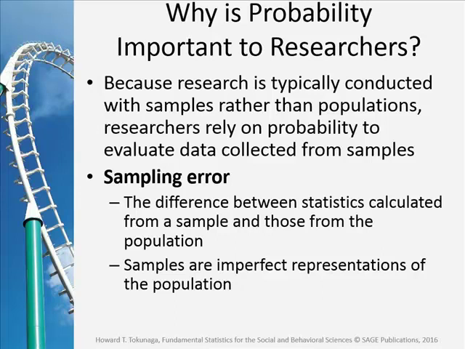Why is it important to us? Well, we need probability because what we're doing in statistics is based off of the idea that we have a sample. Our data is most often a sample, and that sample is drawn from the larger population.